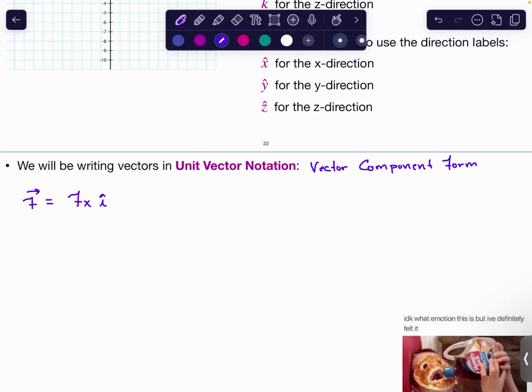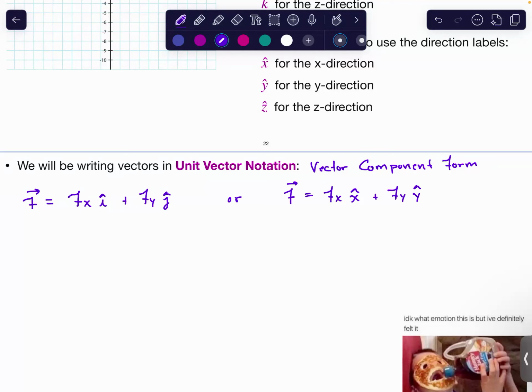Whatever that number is, the i hat tells me that that number is going in the x direction. Plus your y component, j hat. And that's the classic way to write it. Or if you just feel more comfortable using x and y, so i hat is x hat. It doesn't matter which format you use.